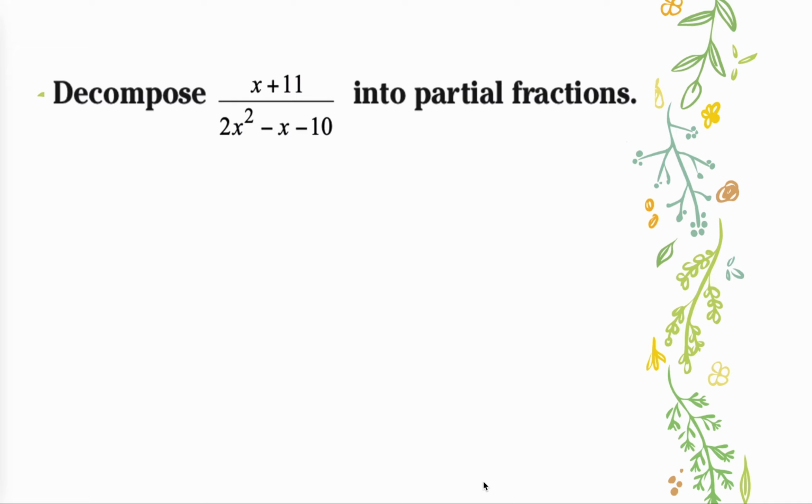And again, decompose (x + 11)/(2x² - x - 10) into partial fractions. So factor the denominator. Y'all should be able to pause this video right now and do this one on your own.